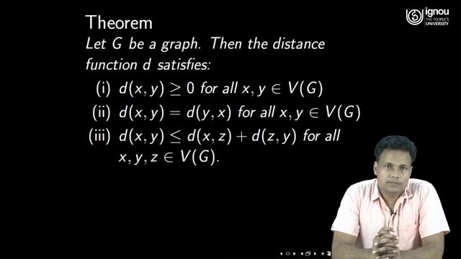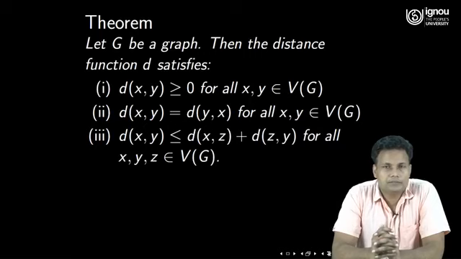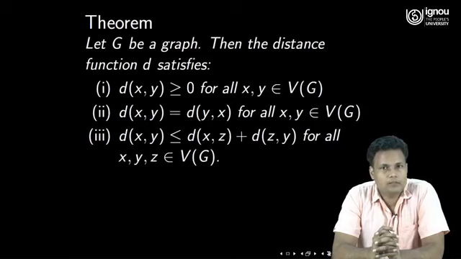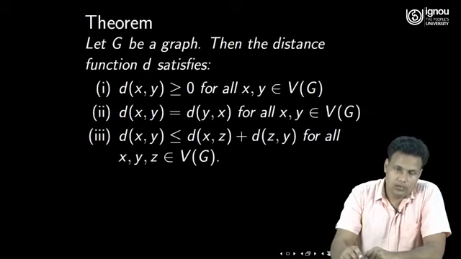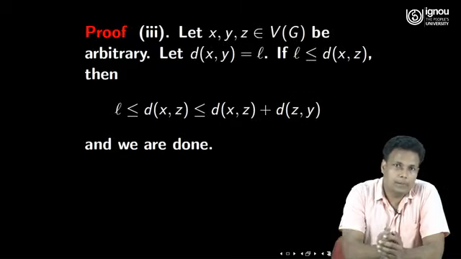To prove this, we just consider any xy path that passes through z. We shall show that such a path would have length at least dxy. So now we prove it.